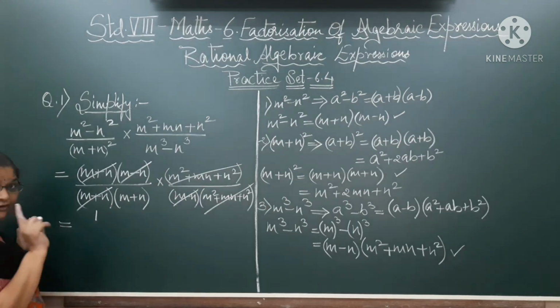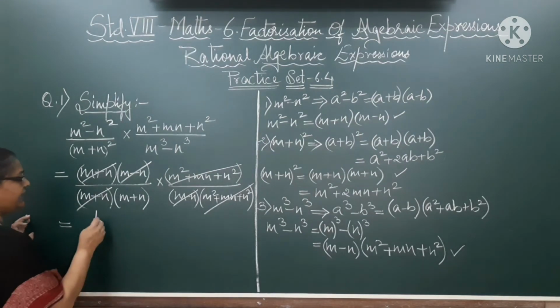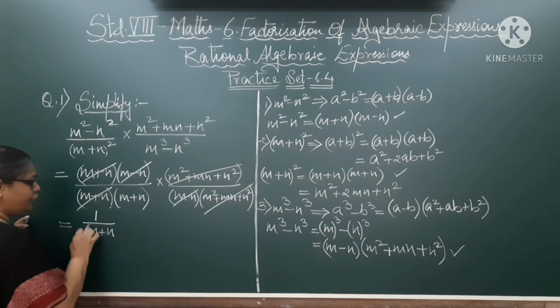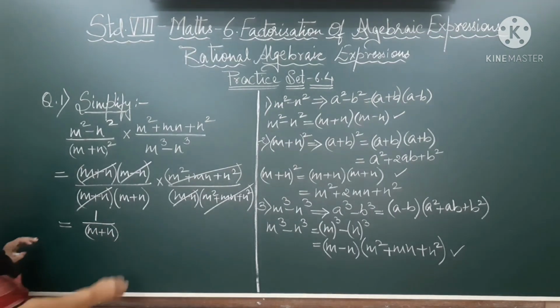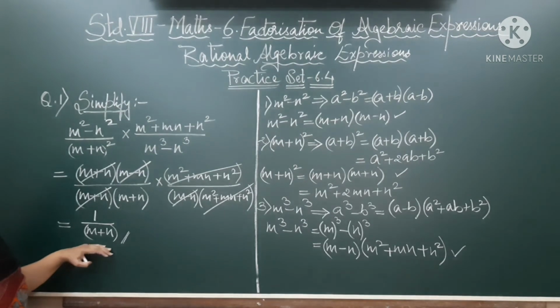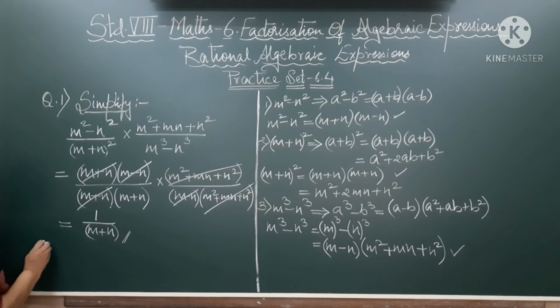That doesn't mean it is 0. It should be considered as 1. Unit 1 will always be there upon m plus n. It is there in the denominator. So this will be my answer because I don't have any other way to simplify this expression.